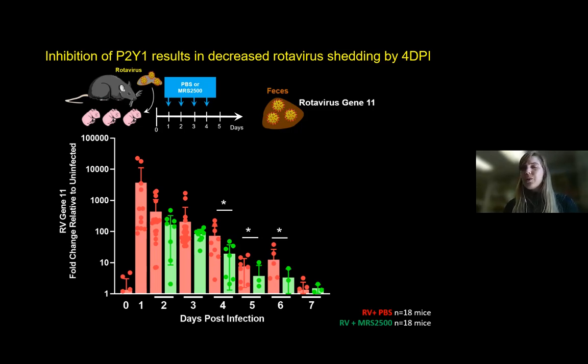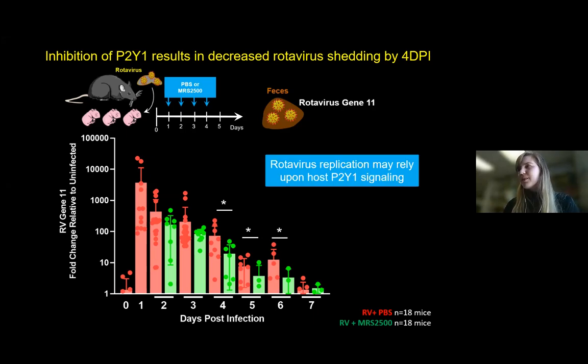At day 2 and 3 post-infection, we see no significant difference between either treatment group. However, starting at day 4 post-infection, we do see a significant decrease within our MRS treated groups compared to the PBS treated pups. And we think this may suggest that this P2Y1 signaling may be having some effect on the rotavirus replication.